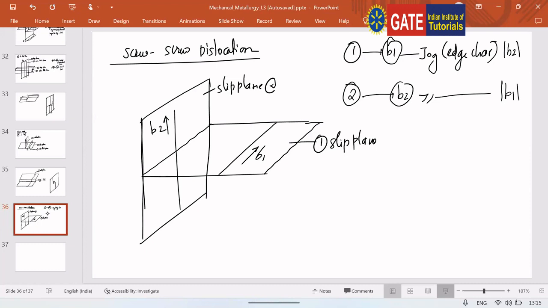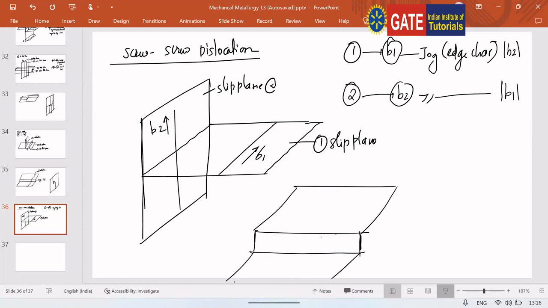Let me show you how it looks. This is for the horizontal slip plane. It is undergoing a jog. Jog means out of plane movement. Like this you can imagine.